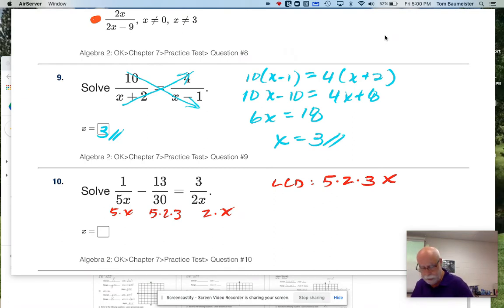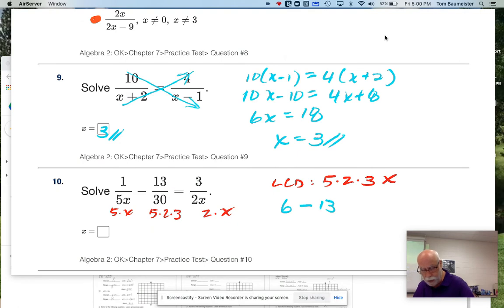So if I look at that, okay, what do I get rid of on the first one there? I have the 5 and the x. What do I have left? I have a 6. Then I'm going to take a minus. On this one here, I have 13.